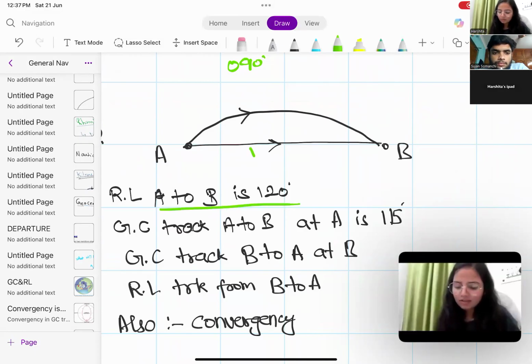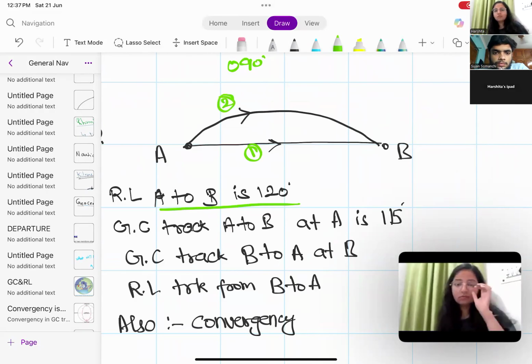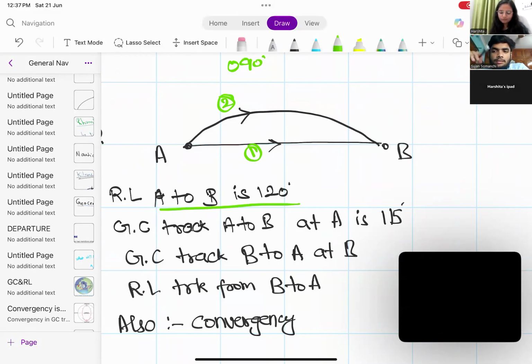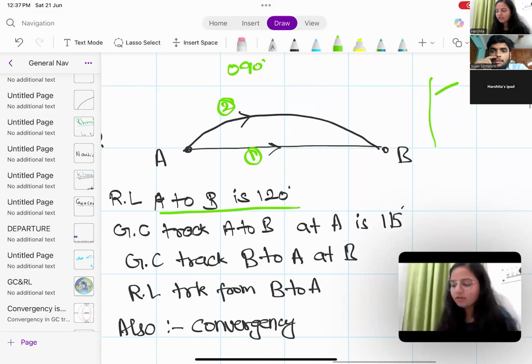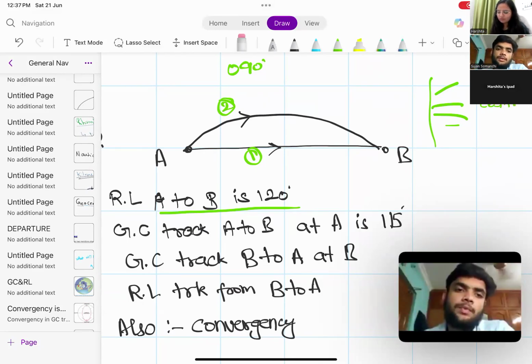Rhumb line A to B is 120 degree. So is it 1 or is it 2? It will be between east and south, 120 degree from north. Since it is between 0 and 180 degree, it is coming in the east only. Correct.